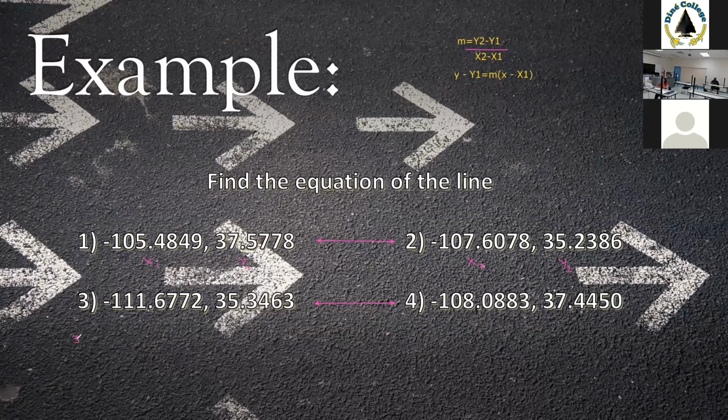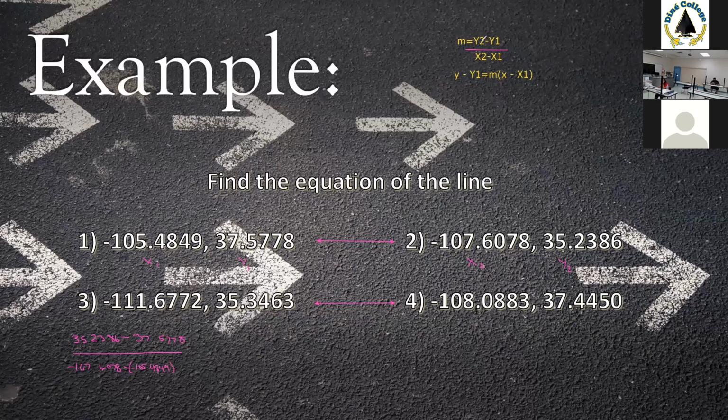So it's going to be 35.2386 minus 37.577 over negative 107.6078 minus negative 105.4 0.849.